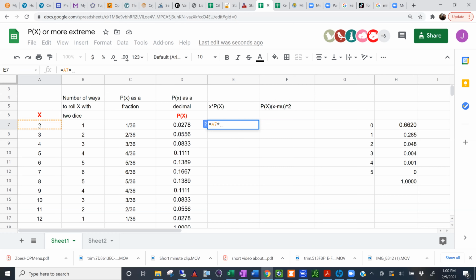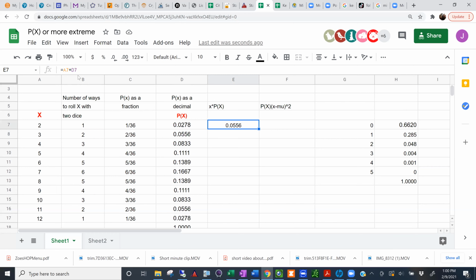So A7 times, and now I want to click this cell underneath P of X. That should give me D7. So A7 times D7 should give you 0.0556. And I'm going to stop here because I want to make sure that everyone is on board with this calculation. I don't want you to get lost here.